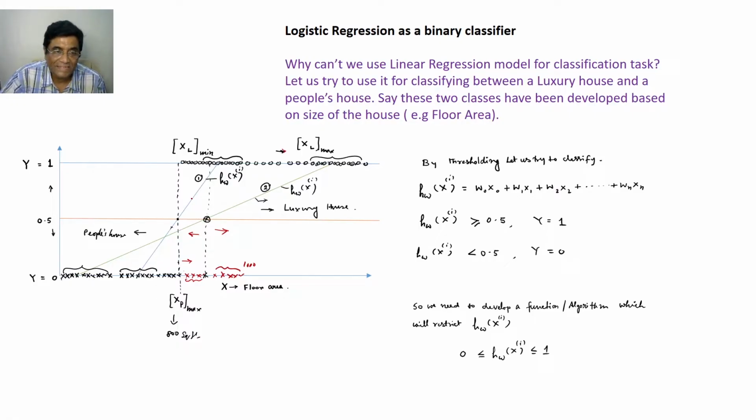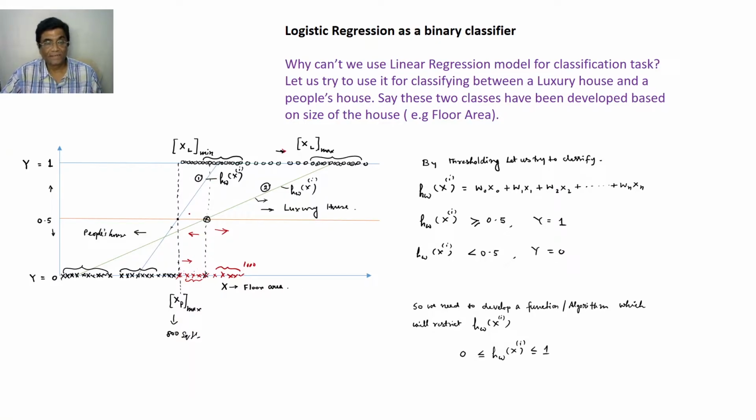This is correct based on our initial assumption that anything more than 800 square feet should be a luxury house, and this is doing that. But here this regression line will shift that 800 threshold.